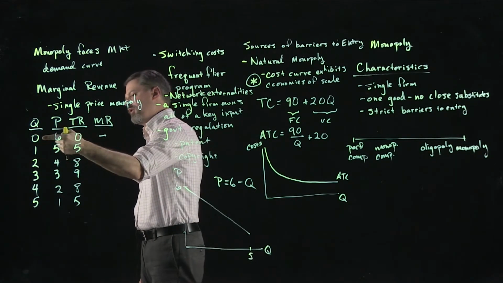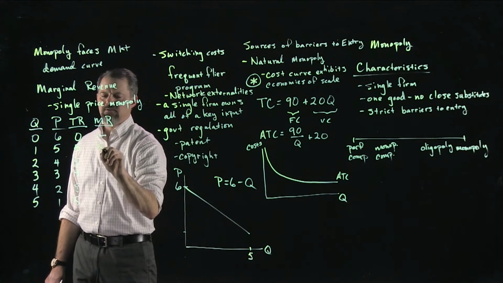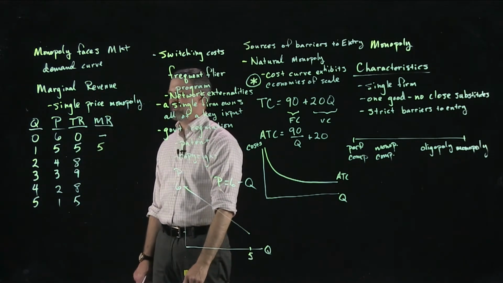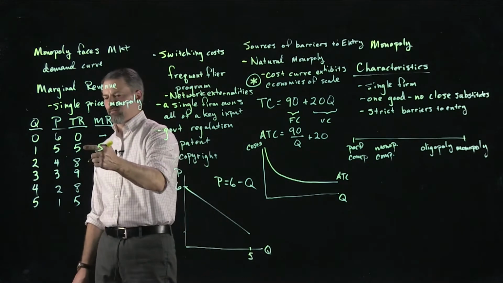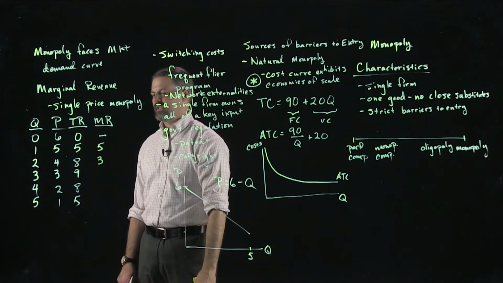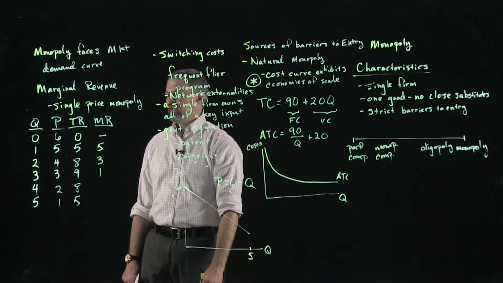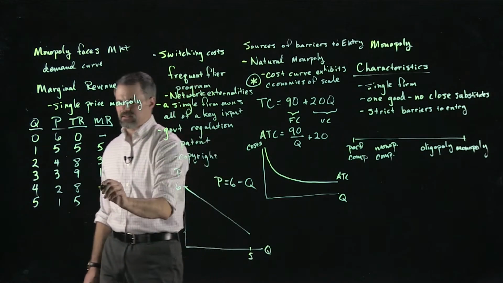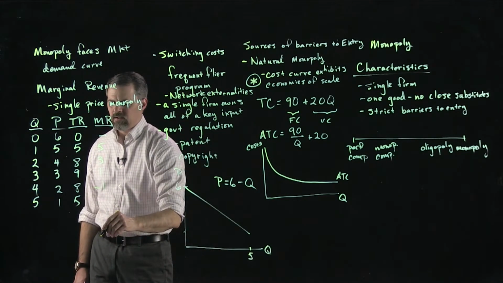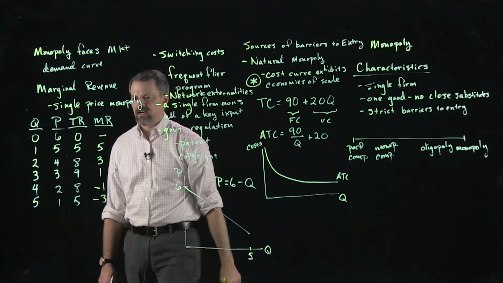We're going to think about going from 0 to 1, and our total revenue goes from 0 to 5, so the marginal revenue of the first unit is 5, and then from 5 to 8, marginal revenue is 3, and then from 8 to 9, marginal revenue is 1. And you can see that what's happening is it's 5, then 3, then 1. It's going down by $2 each time.